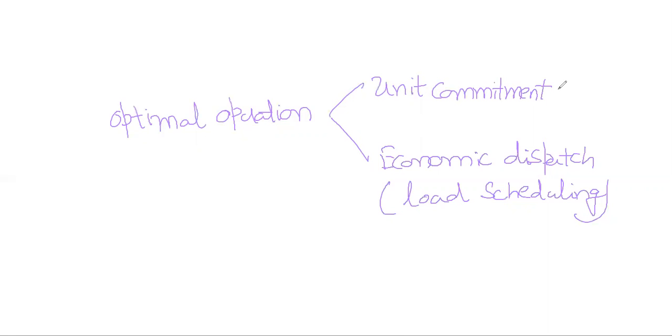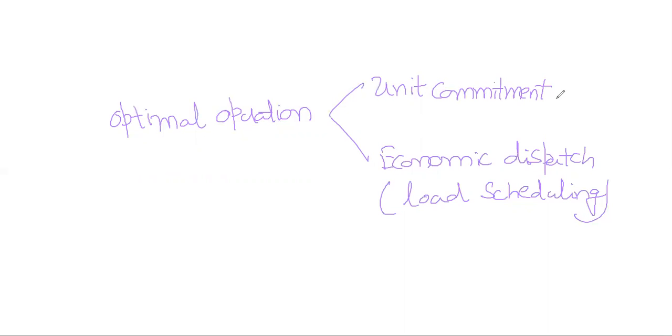The selection of the number of units for optimal operation is called the unit commitment problem. Which units have to be selected? That is the unit commitment problem.